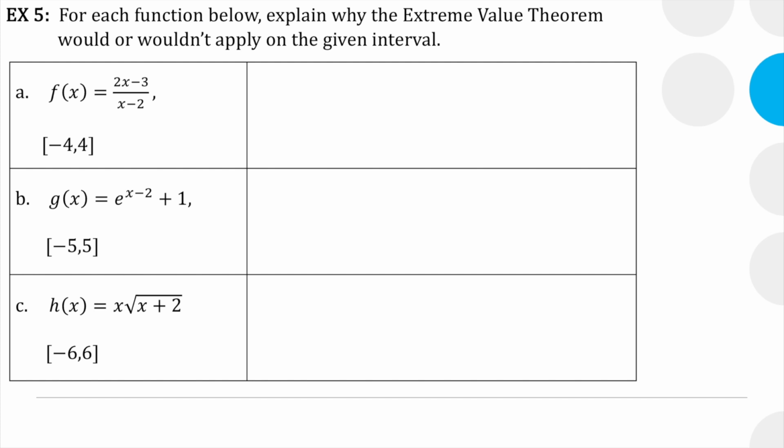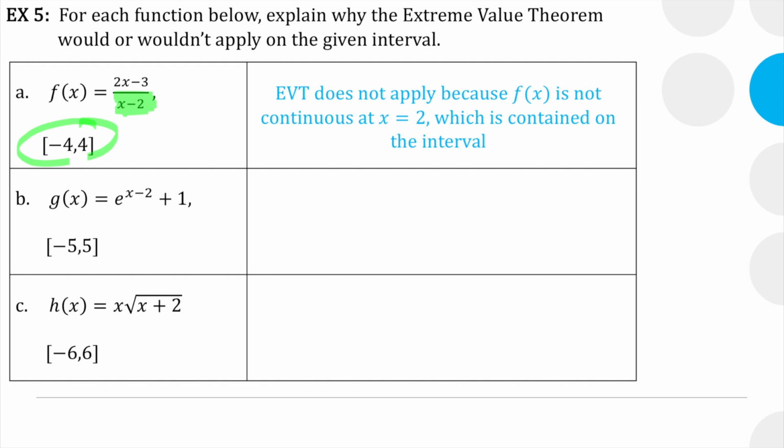Now without a graph, for each function below, explain why the extreme value theorem would or wouldn't apply on the given interval. A, we have a closed interval of -4 to 4. However, we have a problem here at 2. There's a hole there. So we could say that the extreme value theorem does not apply because f of x is not continuous at x equals 2, which is contained in the interval. Part B, e to the x minus 2 plus 1 on the closed interval -5 to 5.